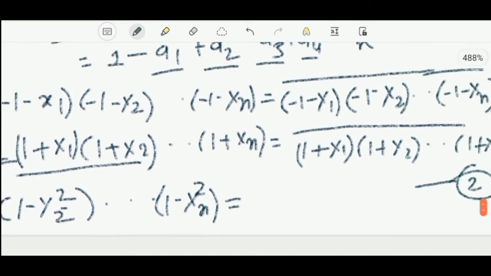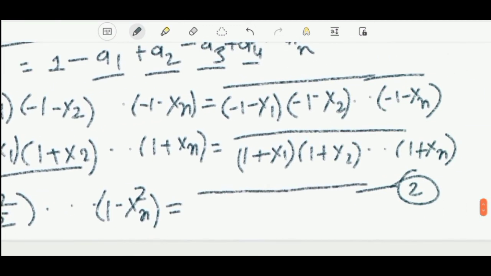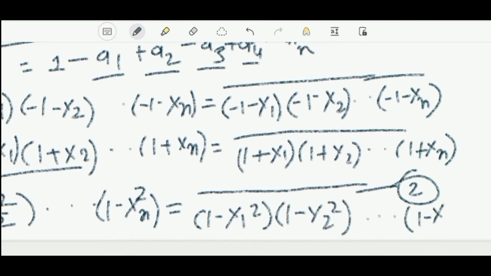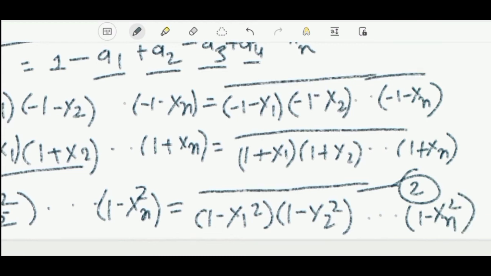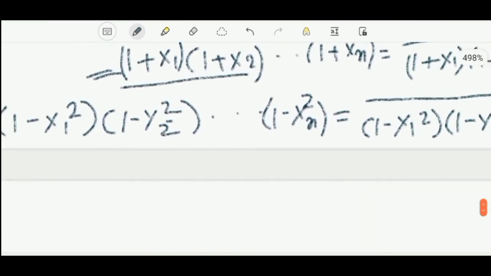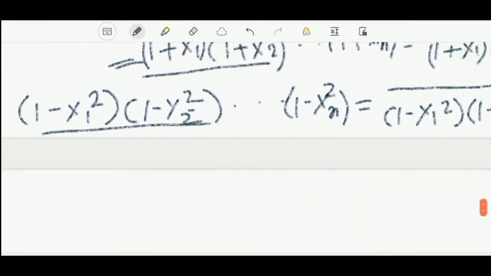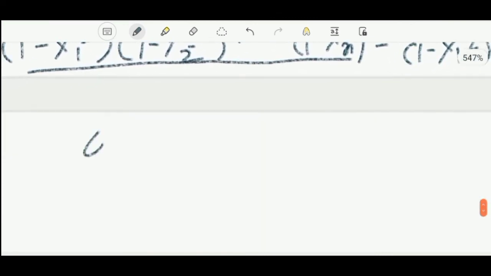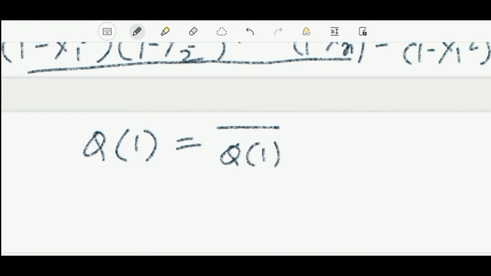This is equal to the bar of 1 minus x1 square, 1 minus x2 square up to 1 minus xn square. And this simply implies that this is our q of 1 equals q of 1 bar.